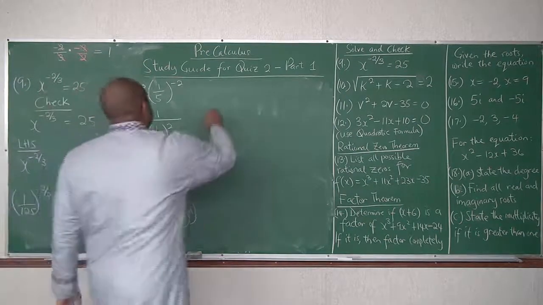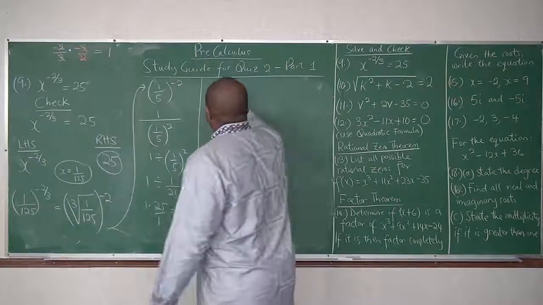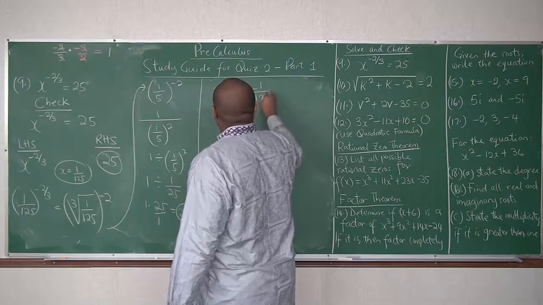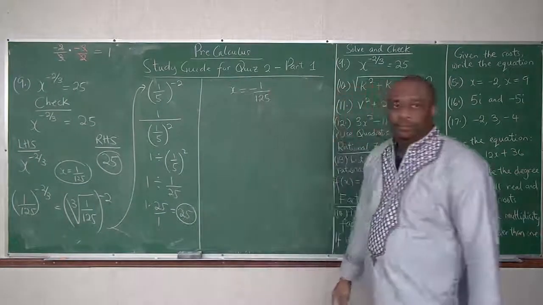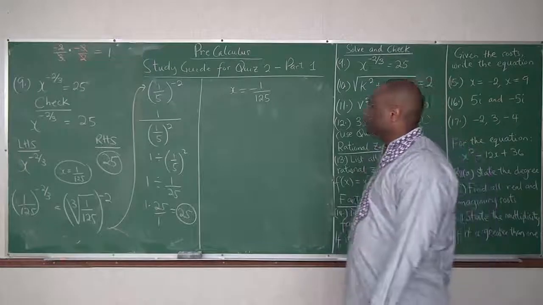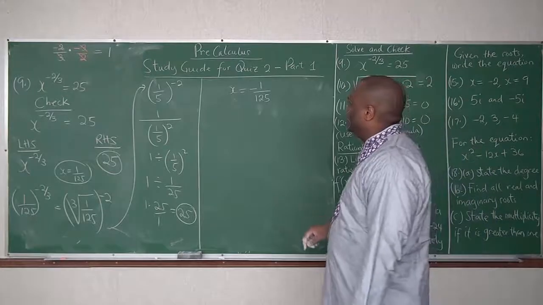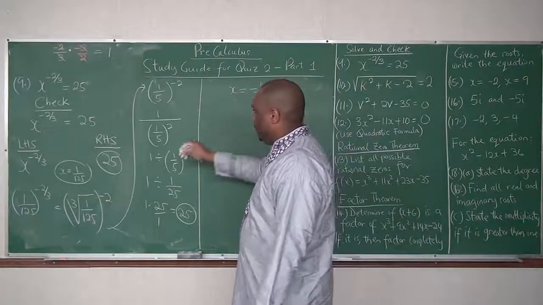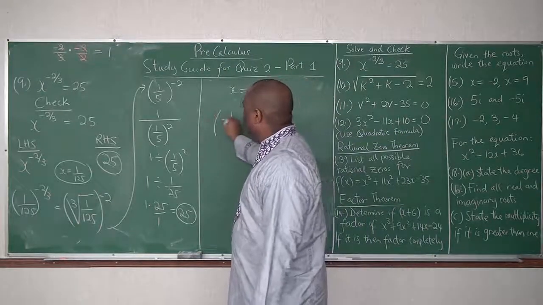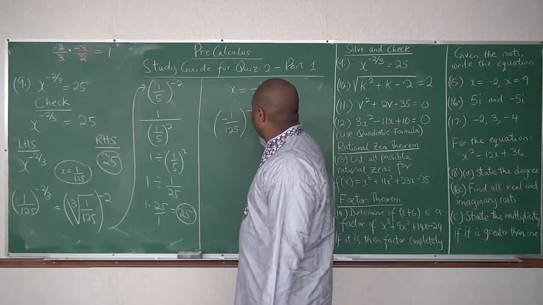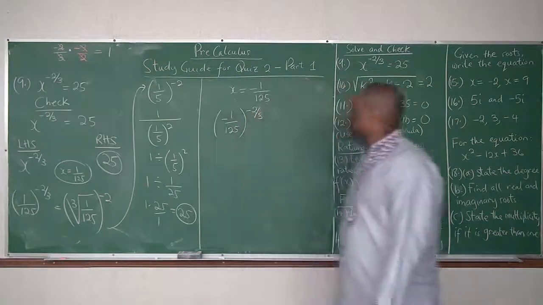Then you check also for x equal to negative 1 over 125. You have negative 1 over 125 raised to power negative 2 over 3.